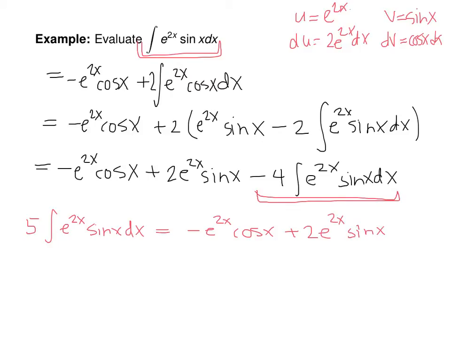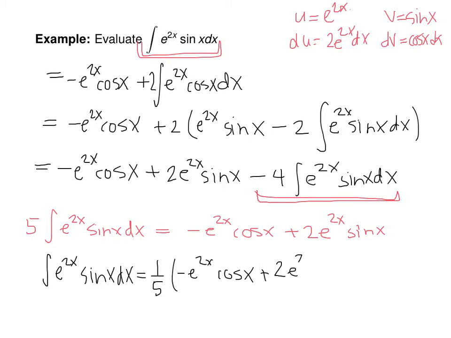And to find the integral of e to the 2x sine x dx, you just divide by 5. So the integral of e to the 2x sine x dx is equal to 1/5 times negative e to the 2x cosine of x plus 2e to the 2x sine x, plus c.